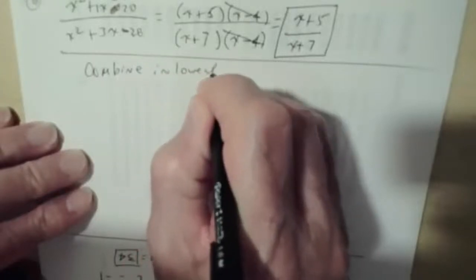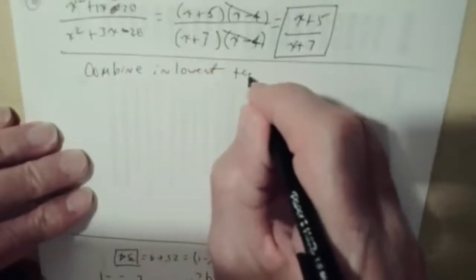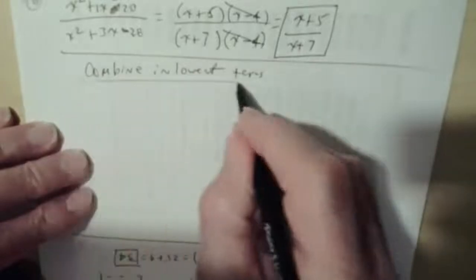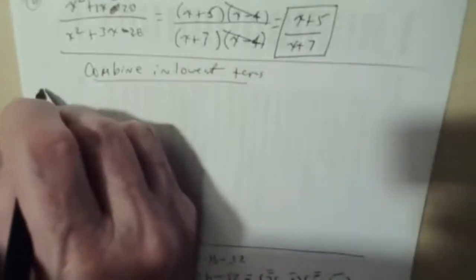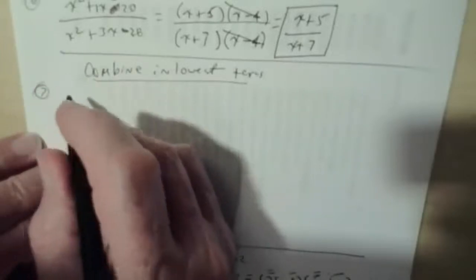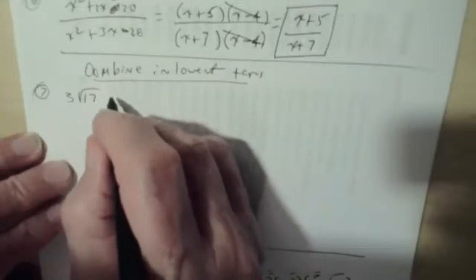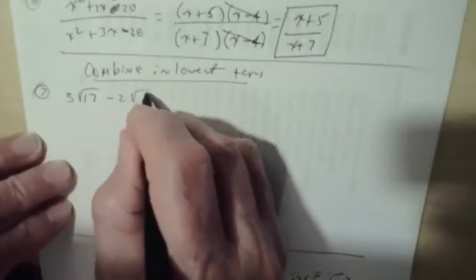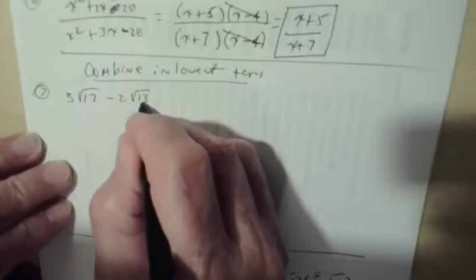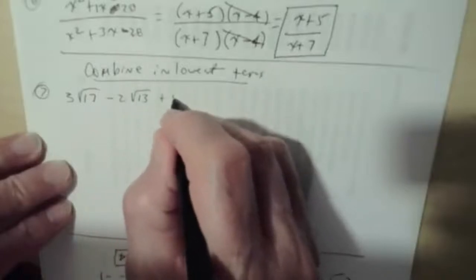Combining like terms. This is number 7. 3 square root 17 minus 2 square root 13 plus 5 square root 17.